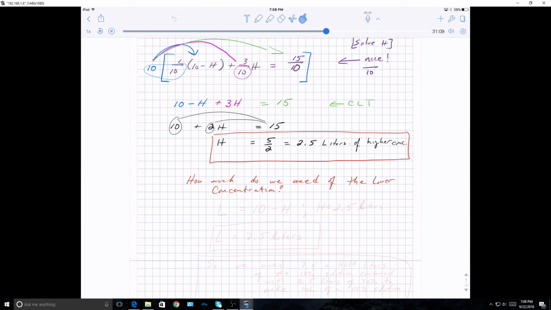Well, that's easy, because remember that L, I think I used a capital L here, was equal to 10 minus H. But now we know that H is 2.5, or 5 halves, liters. So L needs to have 7.5 liters.